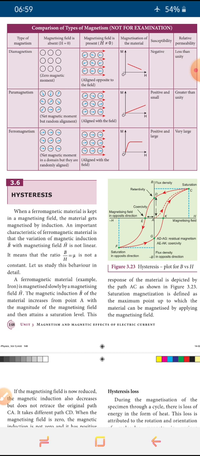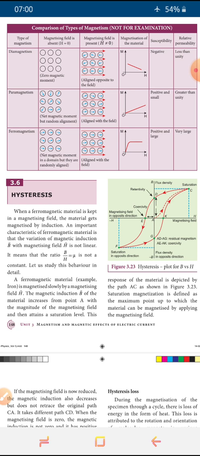Then susceptibility: for diamagnetism the value is negative, for paramagnetism it is positive and small, and for ferromagnetism it is positive and large. Relative permeability: diamagnetism has a value less than unity, paramagnetism greater than unity, and ferromagnetism has a very large value of relative permeability. So all the things we discussed as theory are given here in the tabulation. If you go through this tabulation thoroughly, you can easily understand the theory part.